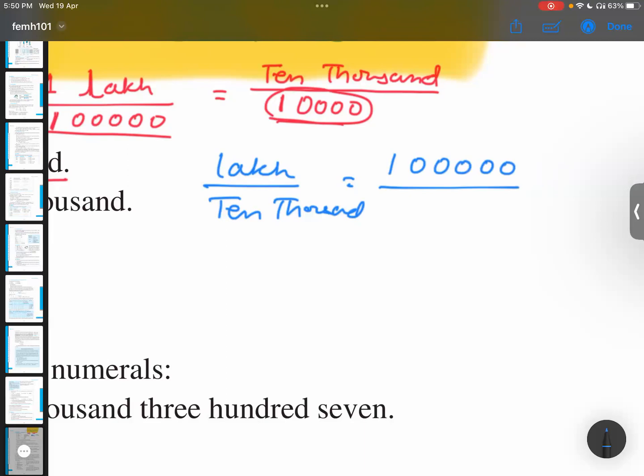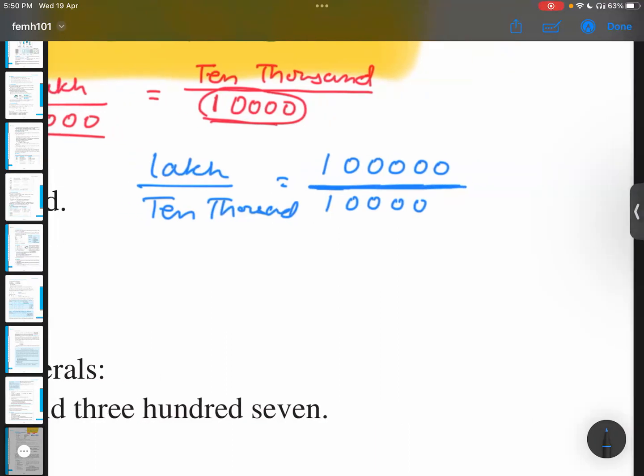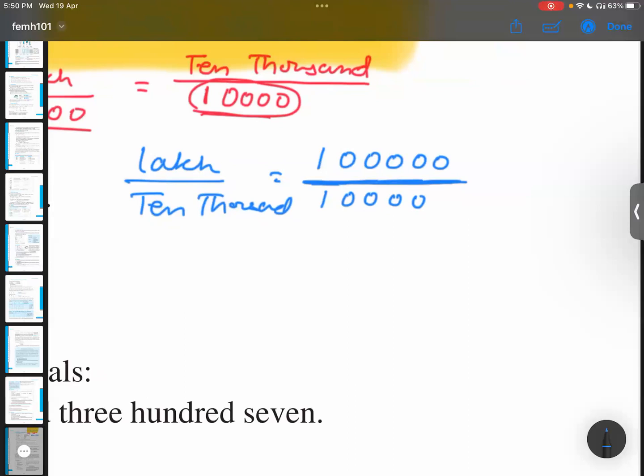And how many zeros are in 10,000? There are 1, 2, 3, 4. This sign which I am bolding is the sign of division, right? You're familiar with the sign? 1 lakh divided by 10,000.